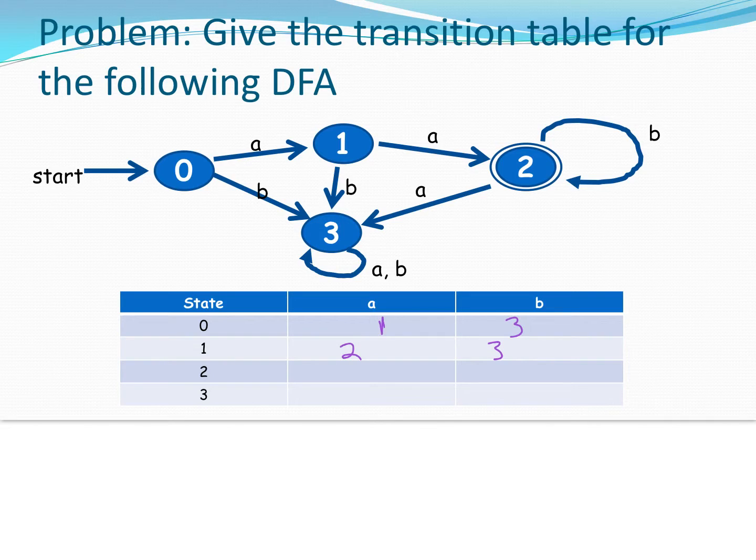If I'm at state 2 and I see an a, I go to state 3. If I'm at state 2 and I see a b, I stay at state 2. If I'm at state 3, no matter what, if I see an a or a b, I stay at state 3. So there's our full transition table for this DFA.